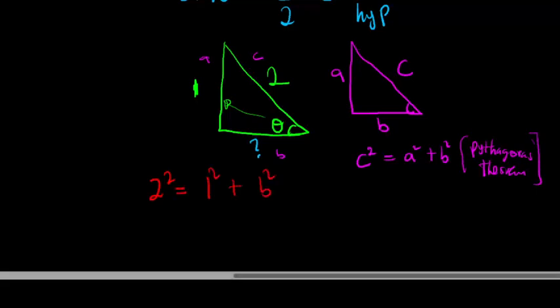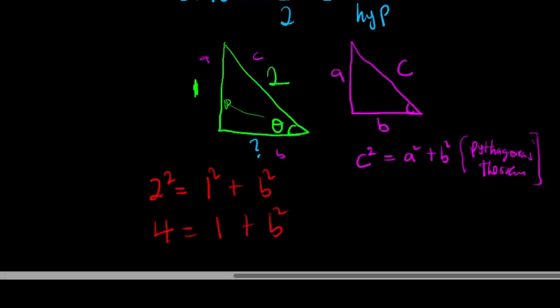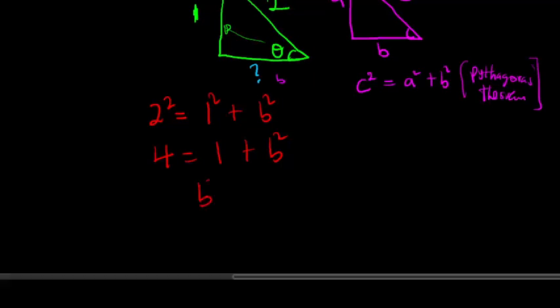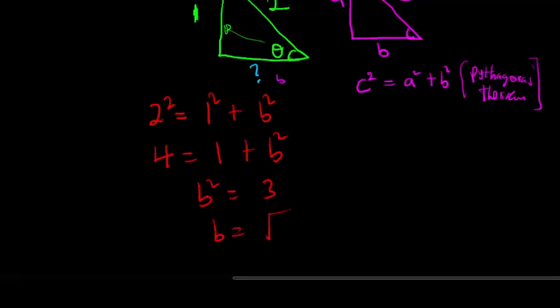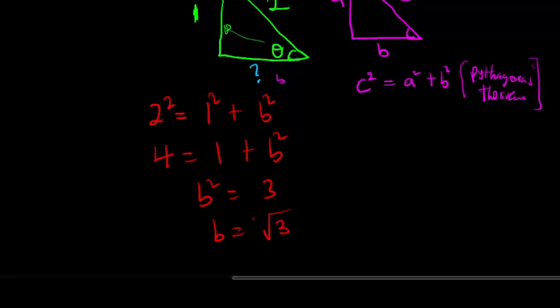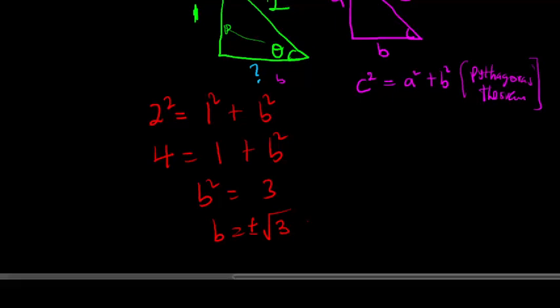So we have 4 is equal to 1 plus B square. So we have B square equal to 3. So B is root 3. Even though we are expecting plus or minus B, for now, let's just stick to B is equal to root 3.